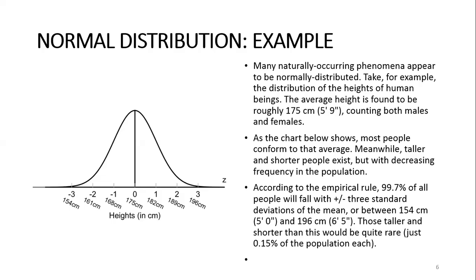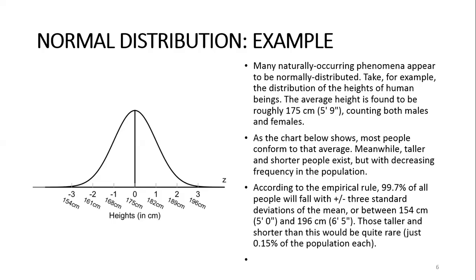According to the empirical rule, 99.7% of all people fall within plus or minus 3 standard deviations of the mean, or between 154 centimeters, that's 5 feet, and 196 centimeters. 99.7% of people fall within that range.